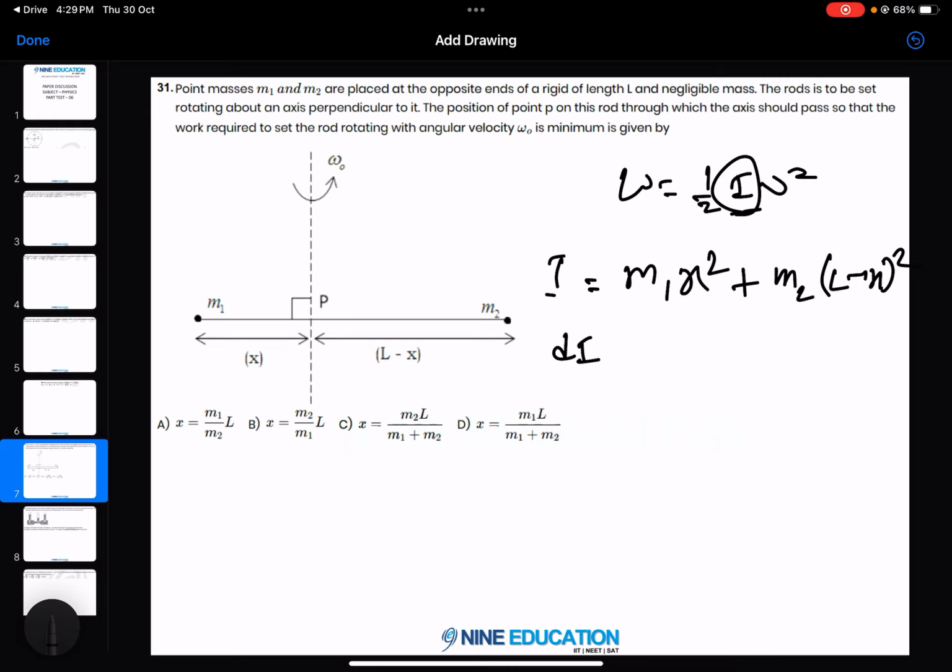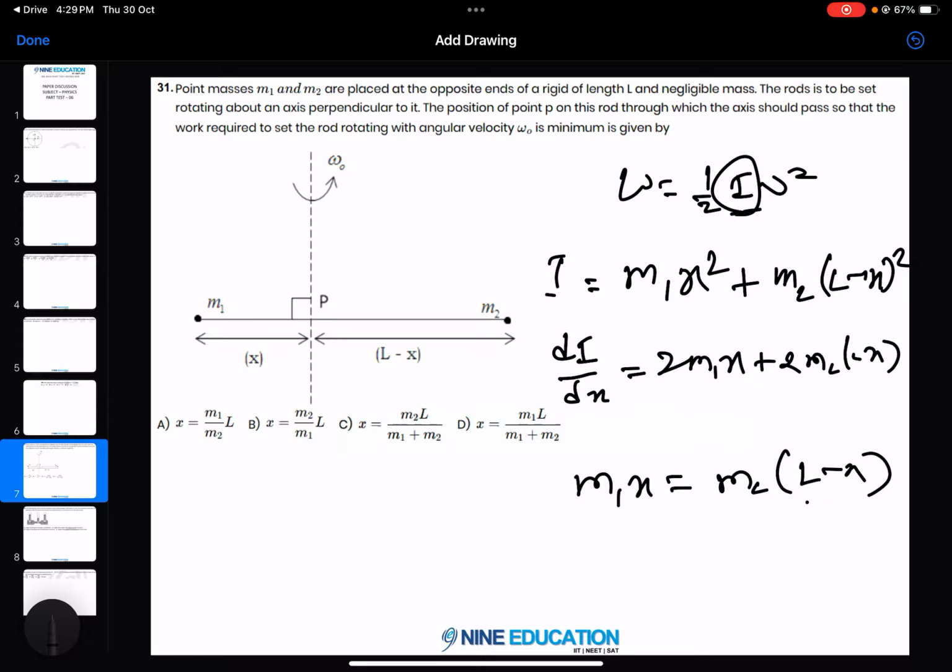If you differentiate with respect to x, this will be 2 m1 x plus 2 m2 (L minus x) into minus 1. We'll equate this to 0. On equating, you will get m1 x equal to m2 into (L minus x). So the x value will be m2 L by (m1 plus m2), which is also the center of mass of the system. So when the axis passes through the center of mass, moment of inertia is minimal, which gives us option C.